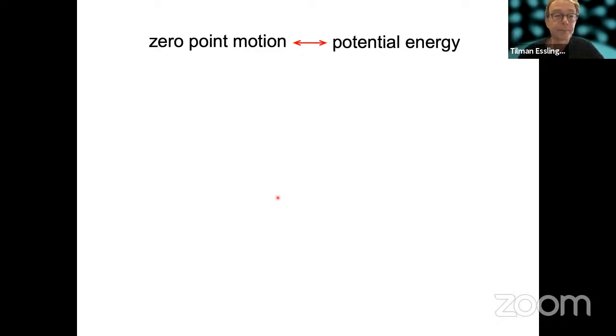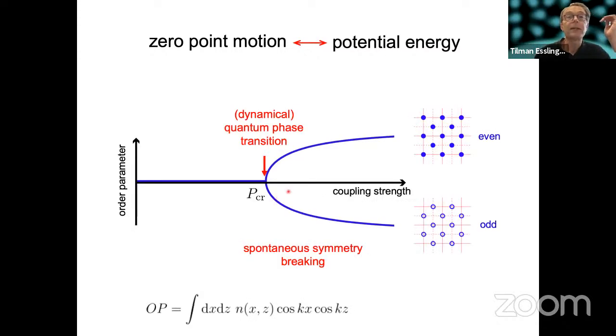And now you can see here the order parameter, that is the level. So the order parameter is now the y-axis. I think there was a question earlier.